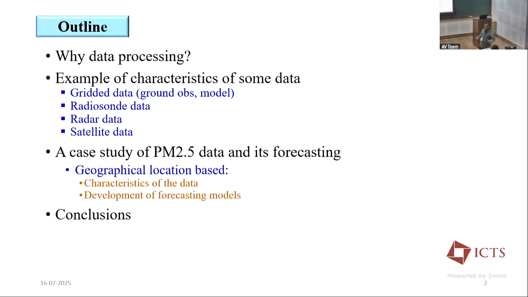Then I will take a case study of the PM 2.5 data, where we developed a model for fire location forecasting, but it is basically forecasting PM 2.5 at different areas. The data comes from the same source, but when we develop a model at a different geographical location, we have to change the model. That is what I mean by the property of the data.